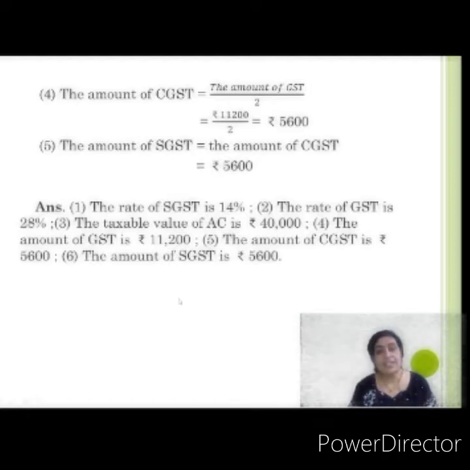The wholesaler sells it to the retailer, and then from the retailer it is sold to the consumer or customer. Okay. So in this chain, how GST goes to the government, how it is paid, that I am going to explain.